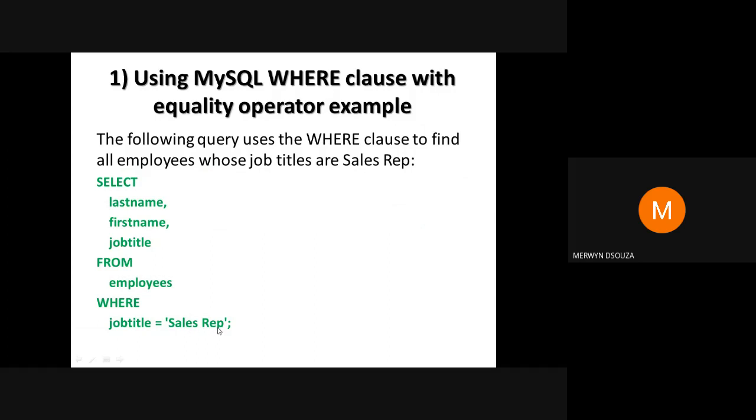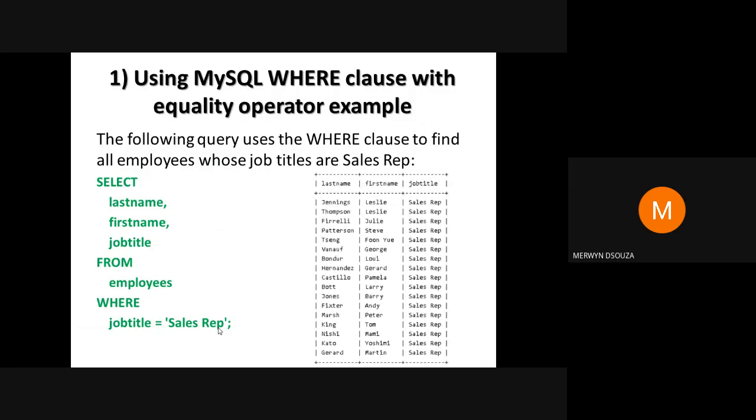The output of this query will be all the employees whose job title is sales rep. Those employees will be displayed in the output. This will be a sample output: the last name, first name, and the job title. All these employees are sales rep because of the condition that we mentioned here, job title equal to sales rep.